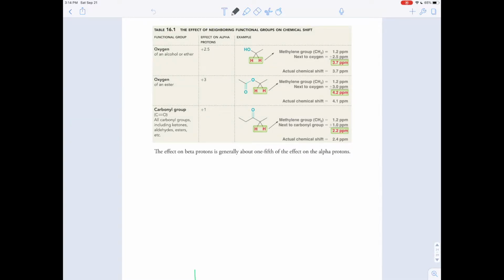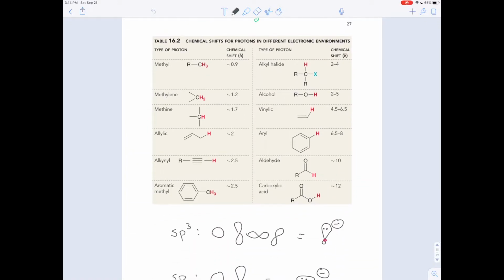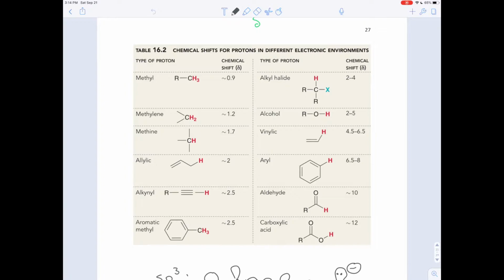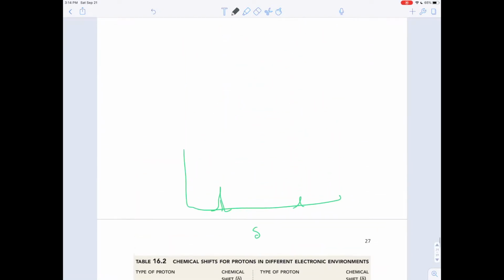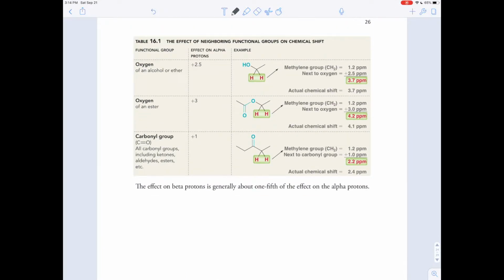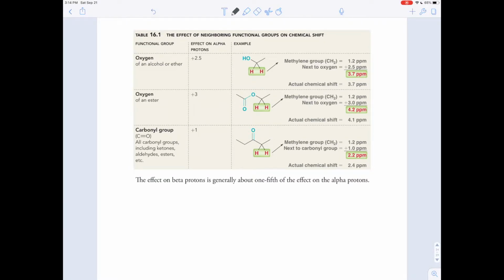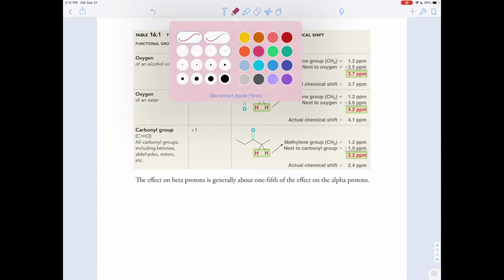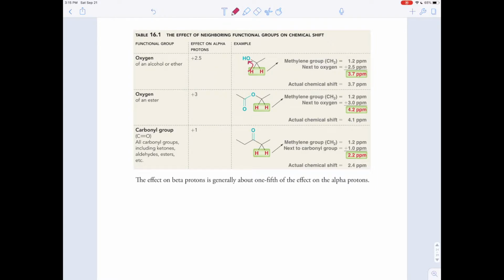Aside from the place where you're likely to find absorptions for specific groups, which we would have discussed in a previous video, aside from these specific chemical shifts associated with specific structures in a molecule, there are relative changes that come from having an electronegative atom nearby. Remember that electronegative elements pull electron density away from hydrogens.